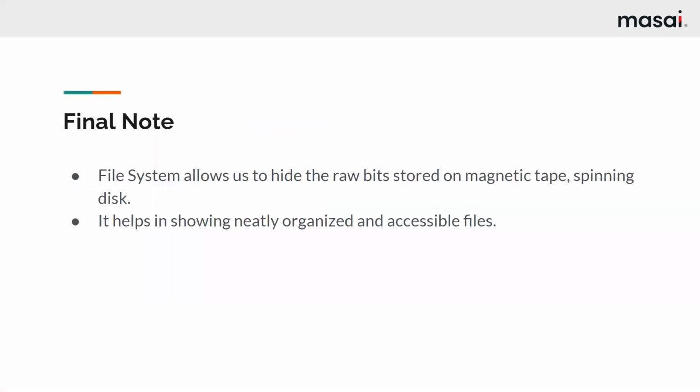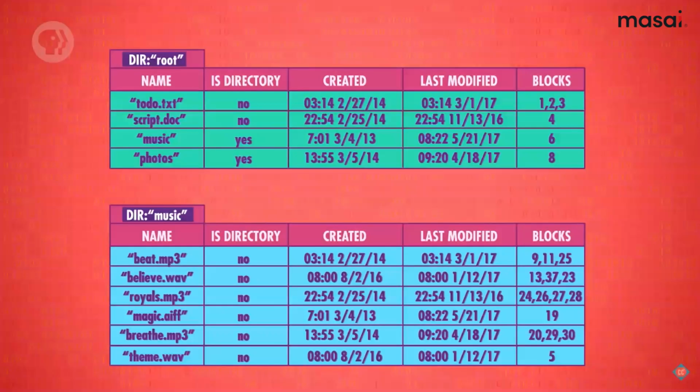Now, what is the final note? Basically, the file system allows us to hide the raw bits stored on magnetic tape or spinning disk. The file system helps you by showing you visual information of all the details of files and folders: where your files are stored, where your folders are, in which blocks they are present, and when they were created.